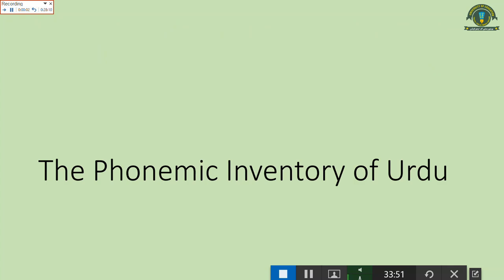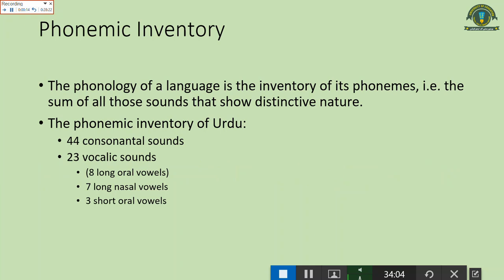Now we are going to move towards the last topic of today's lecture, that is the phonemic inventory of Urdu language, and then we will see the phonemic inventory of Punjabi language. Now the phonology of a language is the inventory of its phonemes, the sum of all those sounds that show distinctive nature.